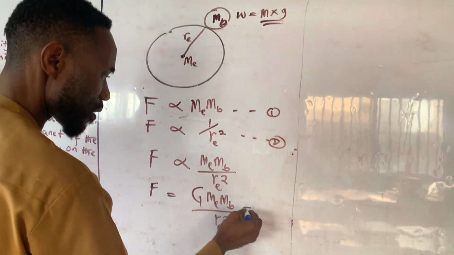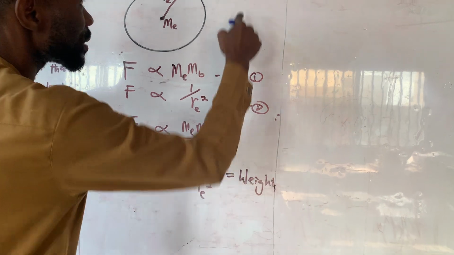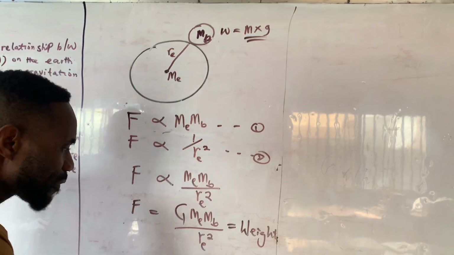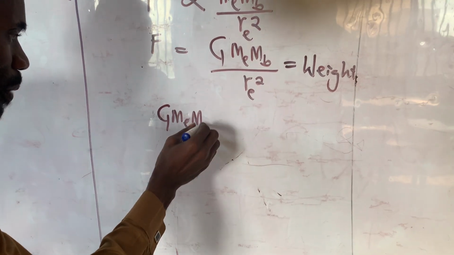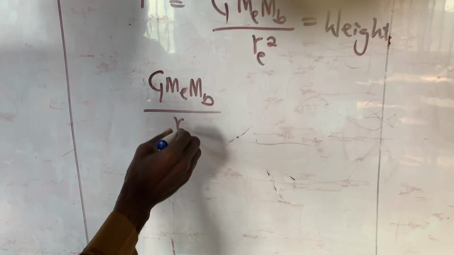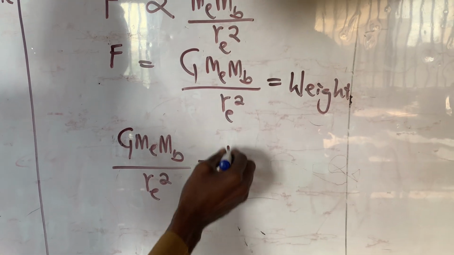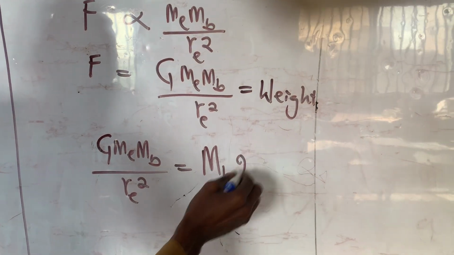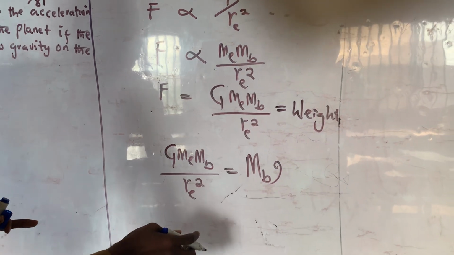So we have the relationship that G times mass of Earth times mass of the body, all over radius of the Earth squared, is equal to the mass of the body times acceleration due to gravity.